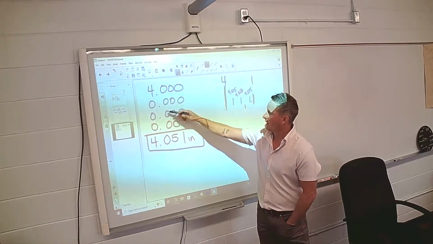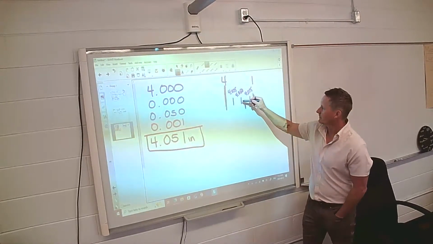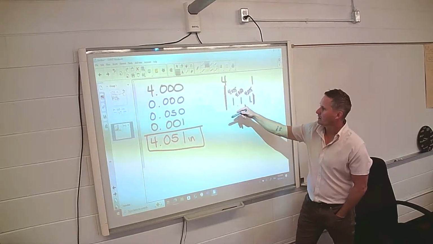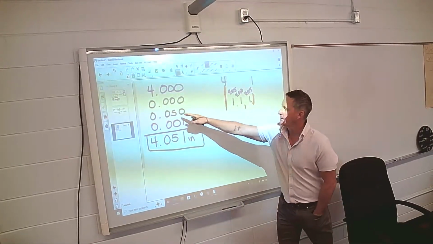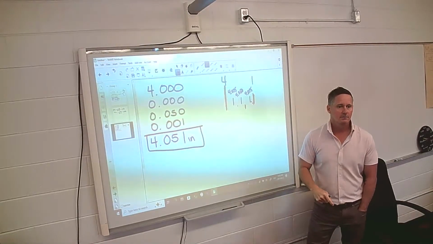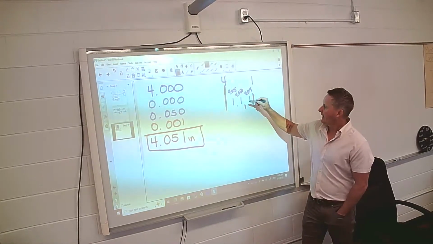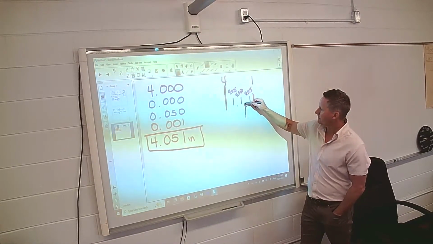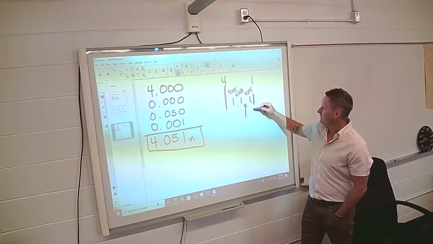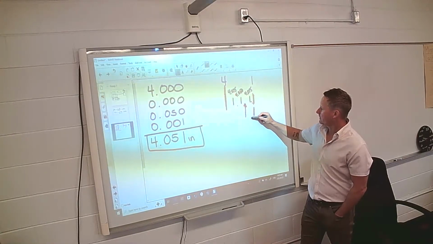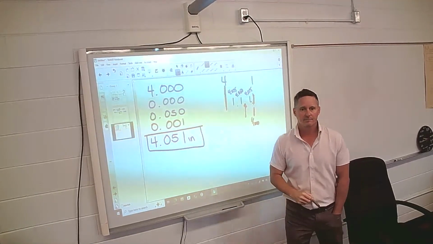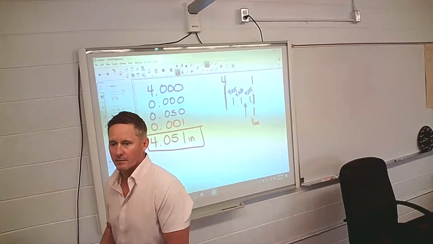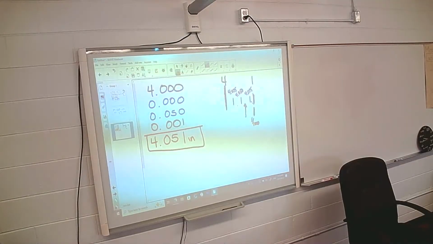So I add the 0.05 in here because that's one of these. Had it been right here, this would have been 0.025. Had it been right here, it would have been 0.075. Okay? And then it fell right here. And then the first tick was this guy, which is 1/1000th of a measurement. So 4.051.